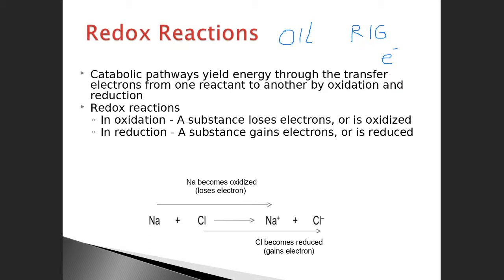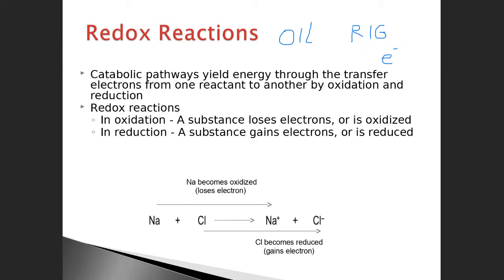Okay. So oxidation, if I write this down for you, oxidation is the gaining of oxygen and the loss of electrons. Okay? So oxidation is the gaining of oxygen and the loss of electrons. Okay? Reduction is just the opposite.